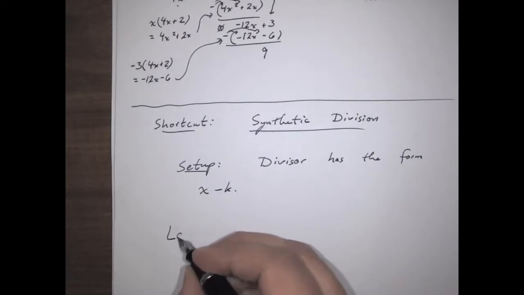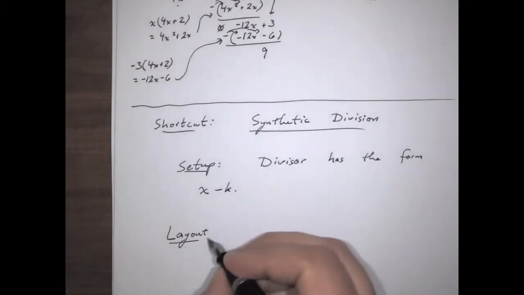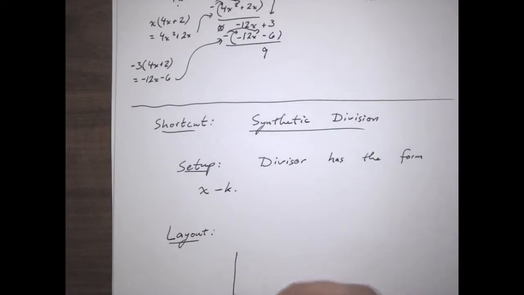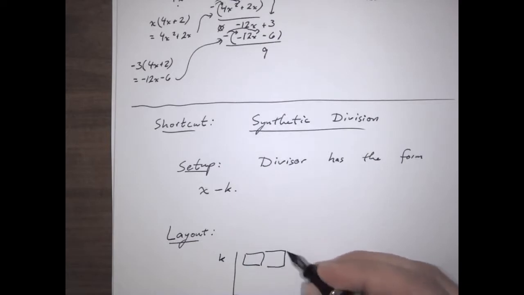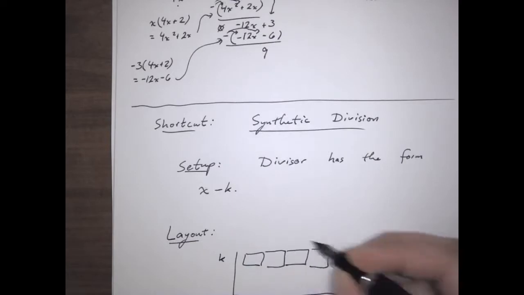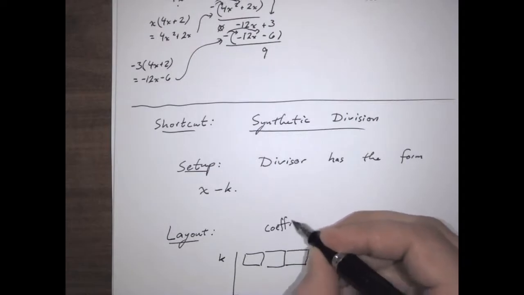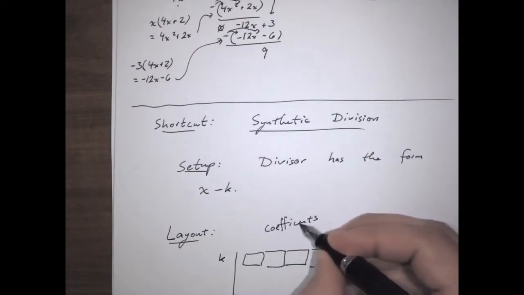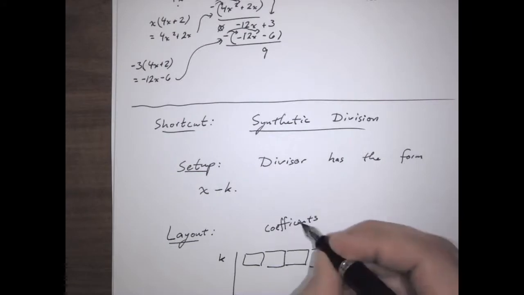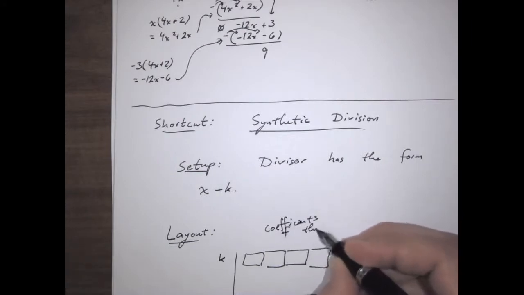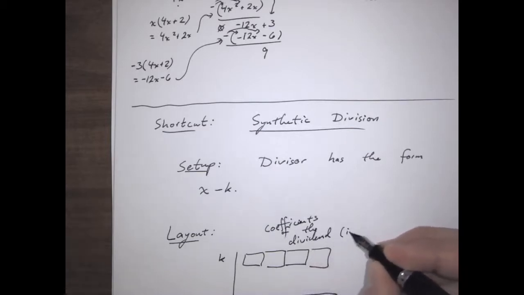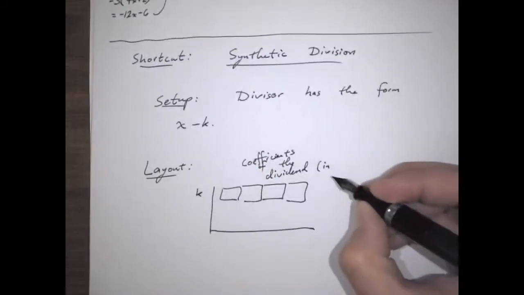Then the layout. The layout here is you put the k above a little big L-shaped thing here, and what you put here will be the coefficients of the dividend. And that's including zeros if there are any missing terms.